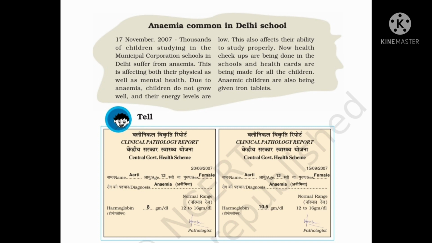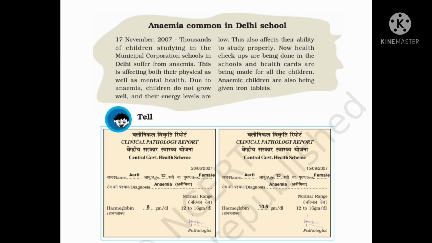Anemia common in Delhi school. On 17th November 2007, thousands of children studying in the municipal corporation schools in Delhi suffer from anemia.